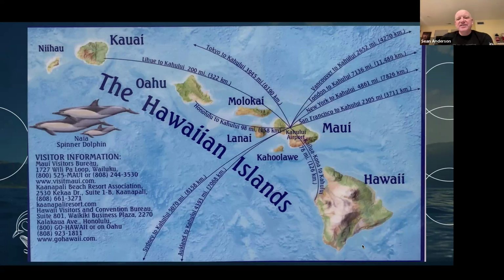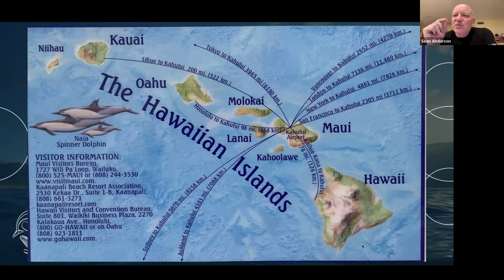And so the Hawaiian Islands have this sort of arc here going from the island of Hawaii, or what everybody just calls the Big Island to distinguish it. And then we go up to Maui, Molokai, and Oahu, and we kind of have this arc. That's because the plate has been moving that way.